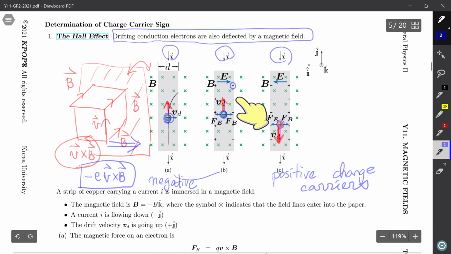Therefore, electrons move to the right. If the electrons move to the right, the left-hand side is positively charged.